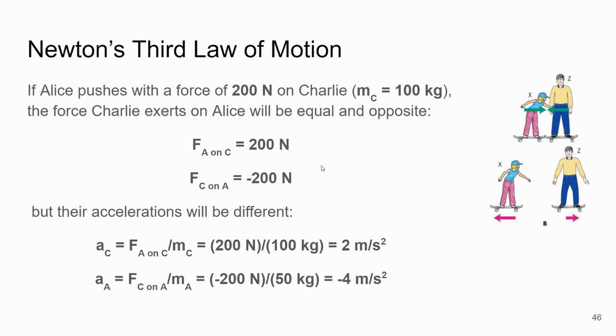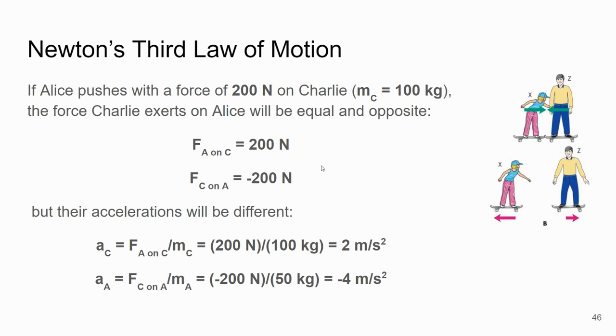Another way to indicate this is if you imagine you're standing in the middle of the road and a large land mammal, an elephant or a rhinoceros or something, comes charging at you and hits you. Which force is greater? The force of the elephant on you or the force of you on the elephant?